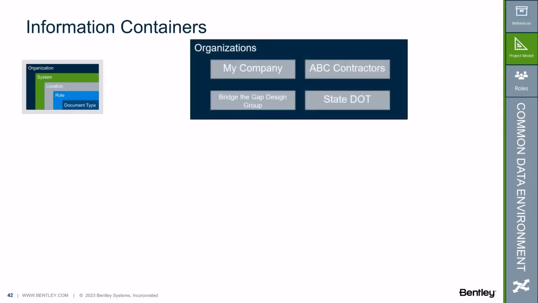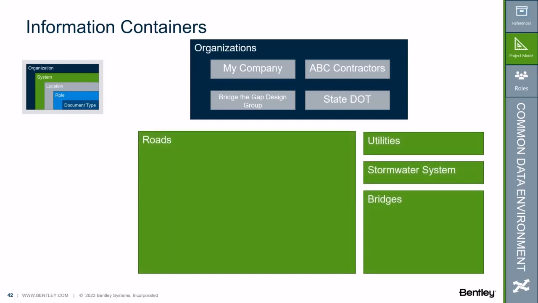So in our case, we had 4 different organizations that represented some of the different stakeholders of the project, including my company, the main design firm. Then we had Bridge the Gap Design Group as a subcontractor to do structural work. We had ABC contractors, the construction management part of it. And then we had the state DOT, which was the owner and operator.